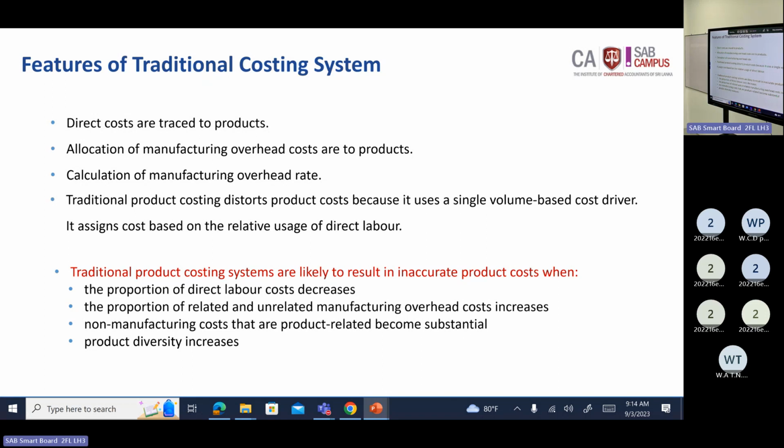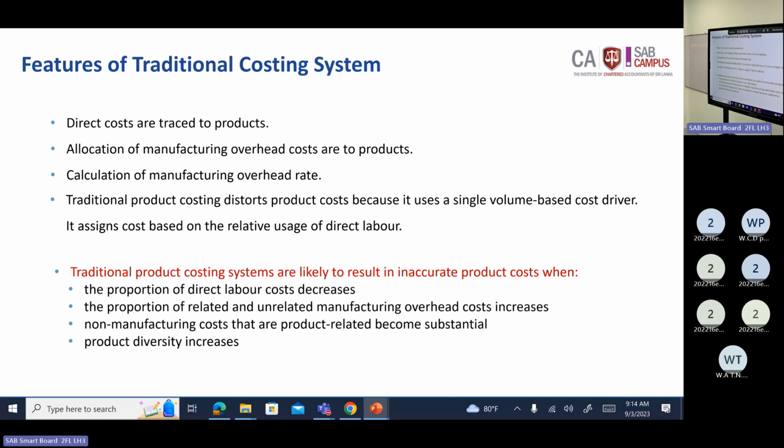Direct costs are traced to the product. Direct cost means a cost you can trace to the product, right? Allocation of manufacturing overhead cost to the product. Then calculate the manufacturing overhead rate.